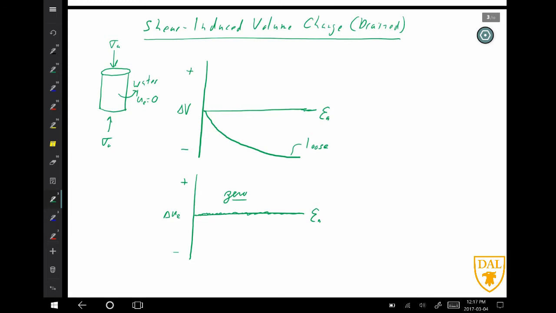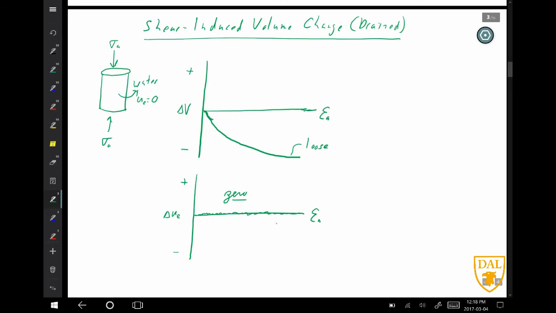Now a dense sand, it's already quite compact. There's not a lot of excess void spaces. What happens when you start to shear it is initially maybe it compacts just a little bit, but then the particles have to move around each other in order to continue to shear, and that causes them to dilate or increase in volume as the pore spaces start to get bigger.